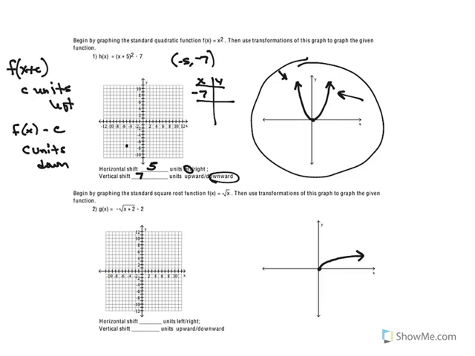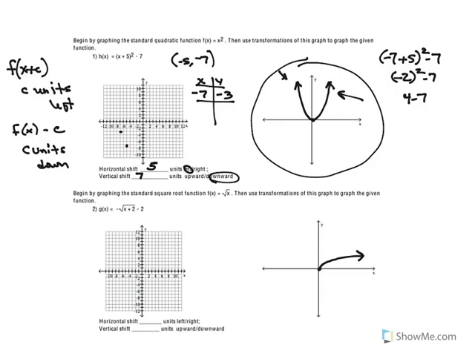So what do we have to do? We actually have to substitute it in and simplify it to see what we get. So we get negative 3. So negative 7, negative 3.